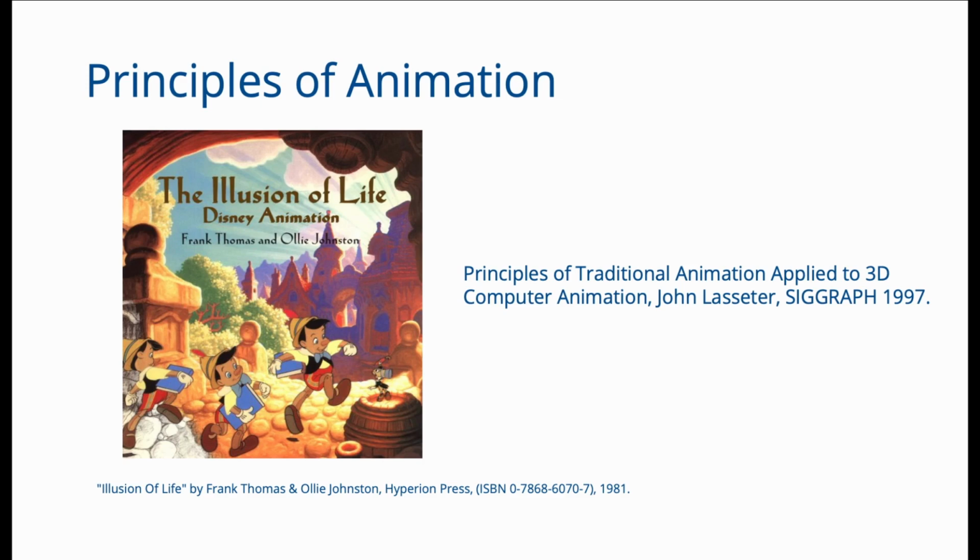Also in 1997, John Lasseter, one of the founders of Pixar, came out with a paper called The Principles of Traditional Animation Applied to 3D Computer Animation at SIGGRAPH, which is a premier computer graphics conference. There he showed that the same principles that Frank and Ollie talked about in The Illusion of Life also applied to 3D computer animation.